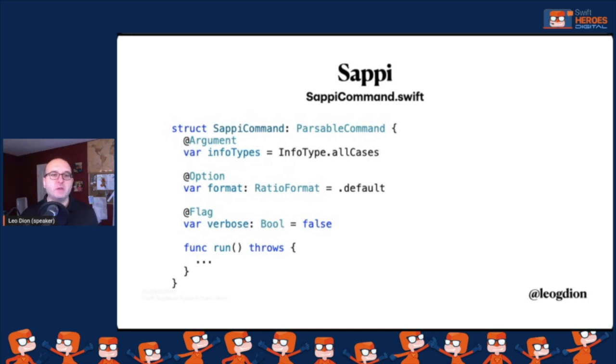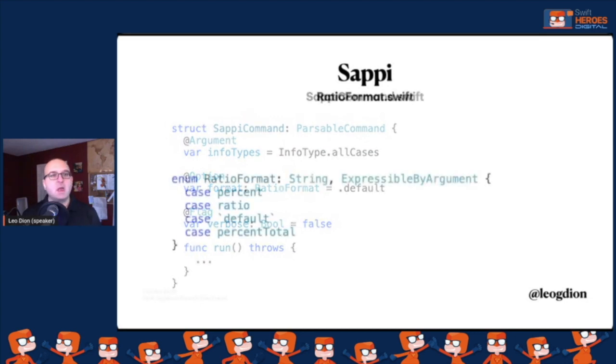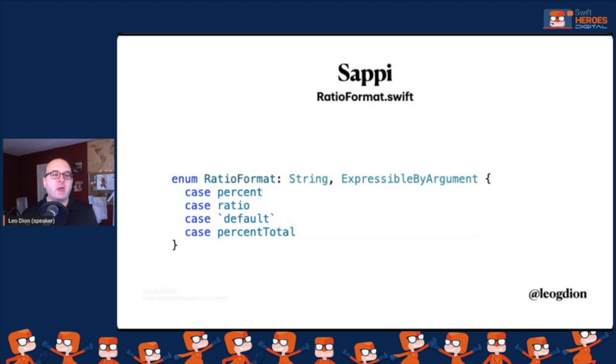In this case, we use a default. So depending on the system information, it'll either display it as a percent or as a percent of total for disk information, depending on, like I said, if it's a disk or CPU or whatever it wants to show. And then for our ratio format, again, we just say the raw value is string, and then we say ExpressibleByArgument, and it'll automatically parse that out for the application.